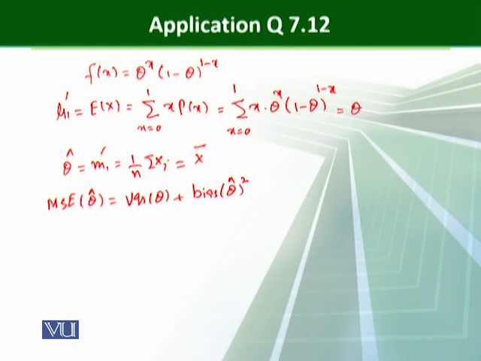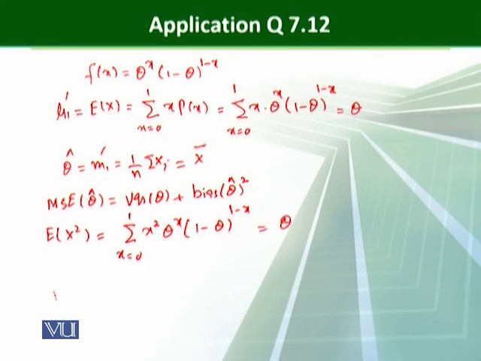So for the variance we again need the expected value of x square. That is equal to the sum over x from 0 to 1 of x square into theta raised to power x into (1 minus theta) raised to power (1 minus x). When we evaluate this, again we will find the value theta.